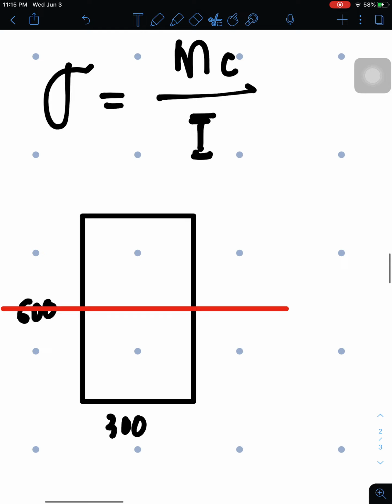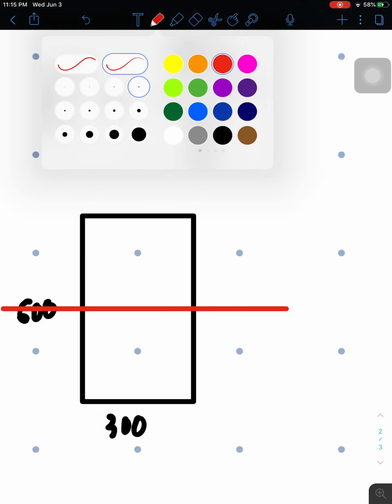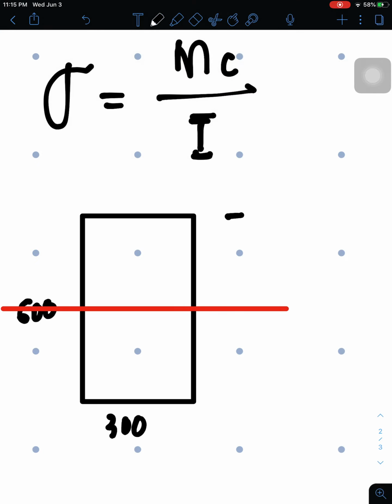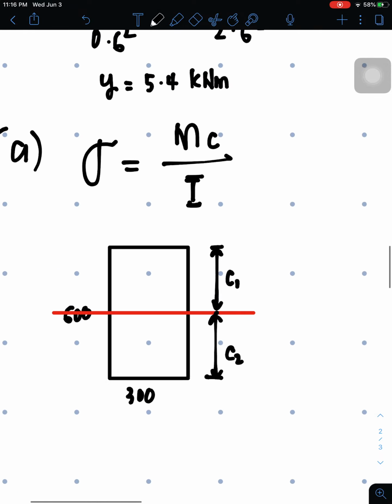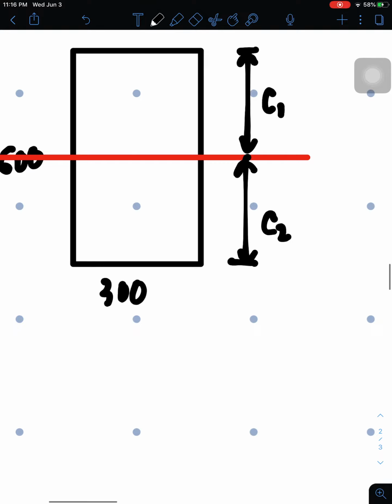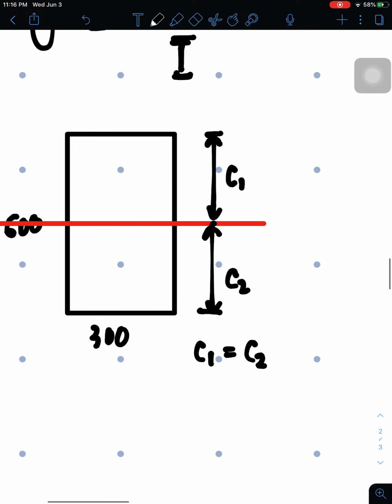Okay. So we're getting the moment M2. We have this distance. This distance here is C1. Yeah, this distance here is C2. Yeah, since this is rectangle man, therefore C1 is just equal to C2.